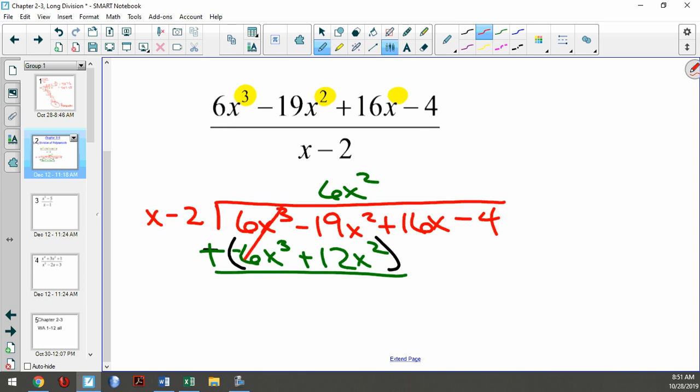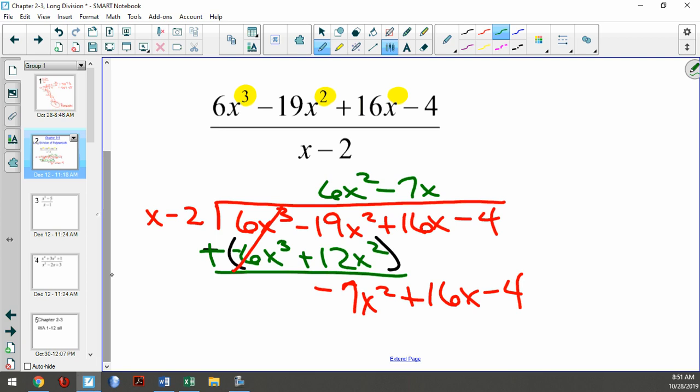Add straight down. The 6x cubes cancel out. And what's negative 19x squared plus 12x squared? Negative 7x squared. And drop down everything else, the rest of the polynomial. Yes? All right, now do it all over again. What do I multiply x by to get a negative 7x squared? Negative 7x.